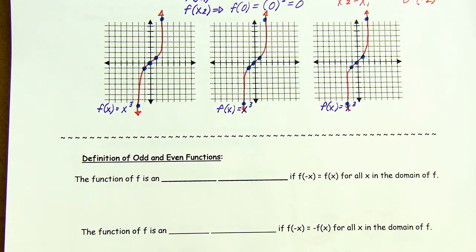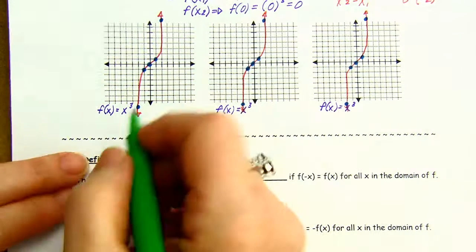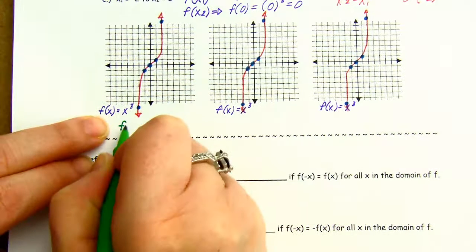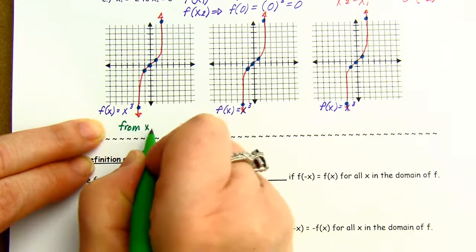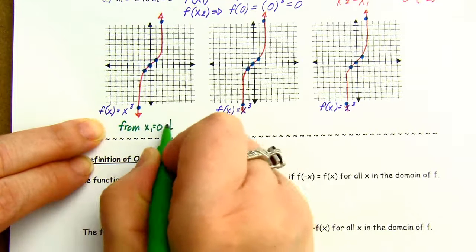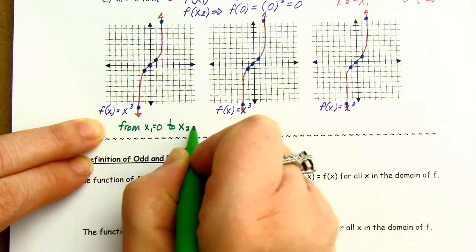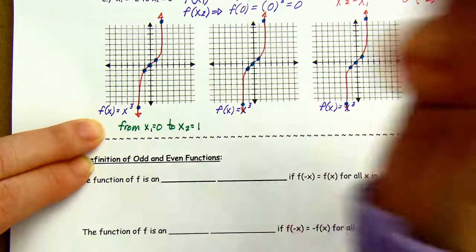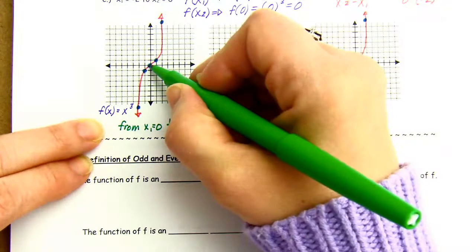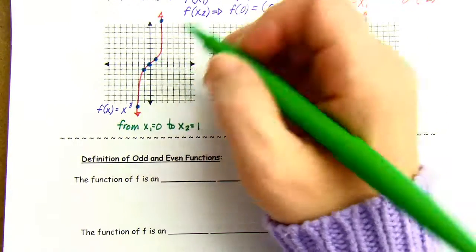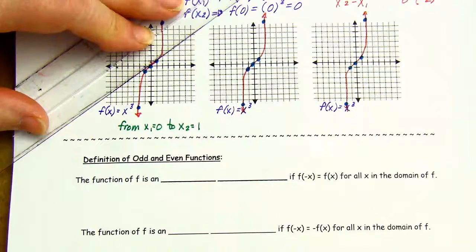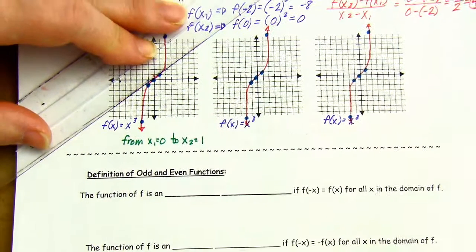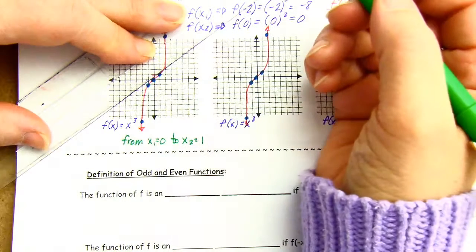Now, I'm going to draw the secant line. The first graph was from x1 equals 0 to x2 equals 1. I'm going to put a dot here and a dot here. I'm going to draw the secant line that connects those 2 points.